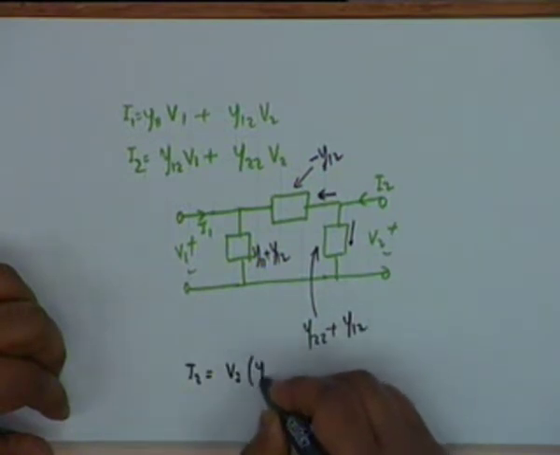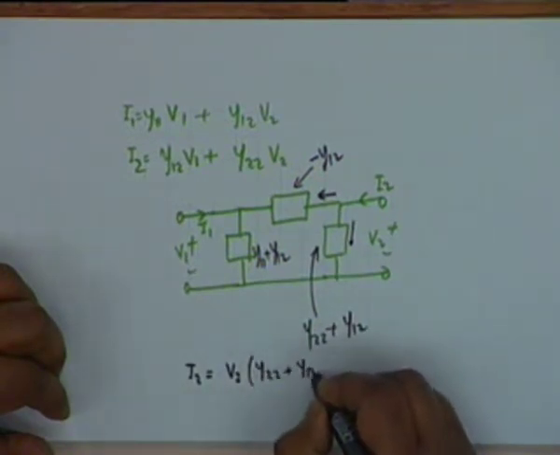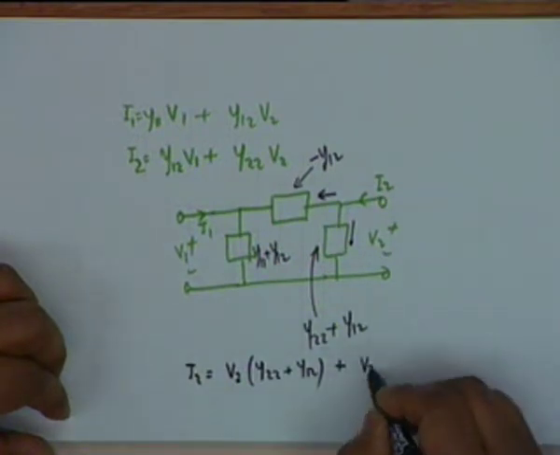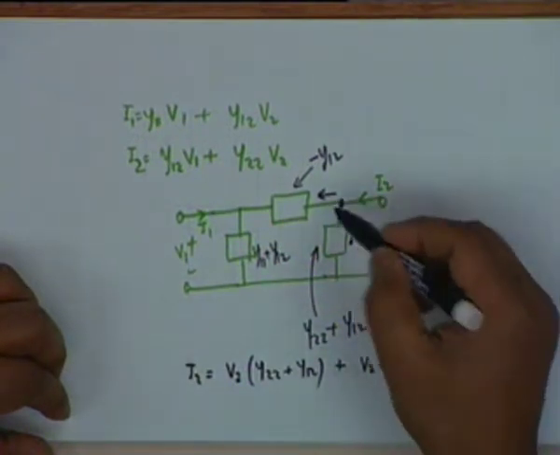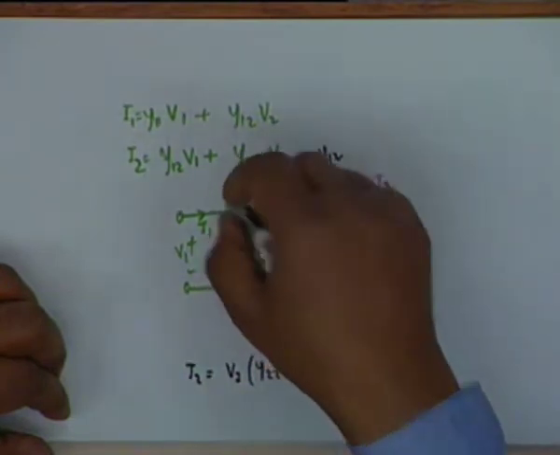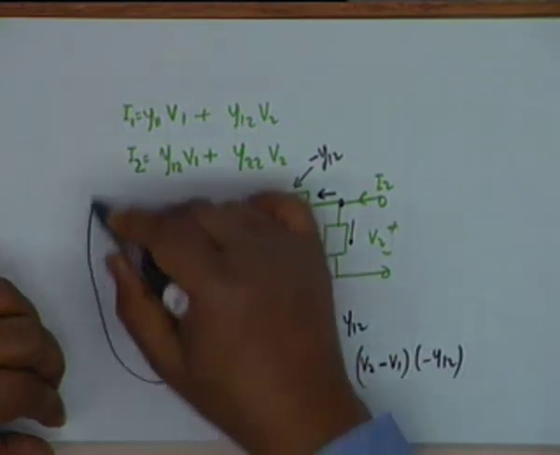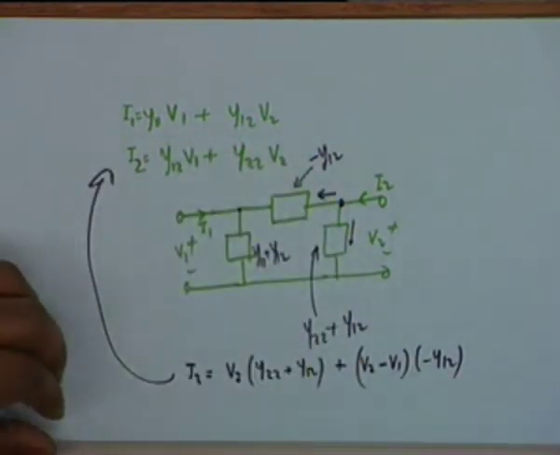I2 is V2 times (Y22 plus Y12) plus (V2 minus V1), this voltage is V2, this voltage is V1, multiplied by minus Y12, and you see that this is precisely the second relationship. In a similar manner you can show that the first relationship is also valid.